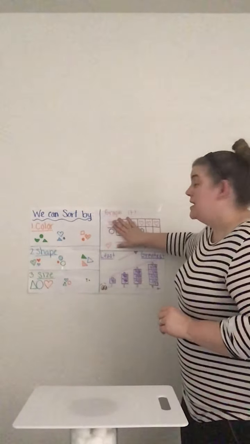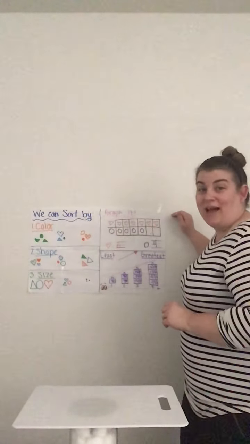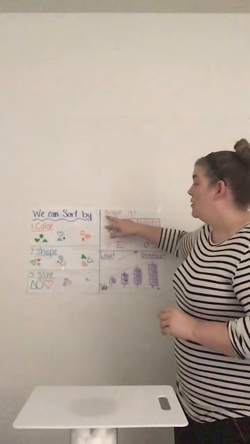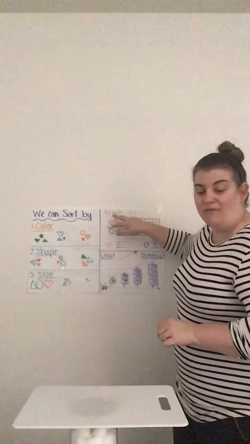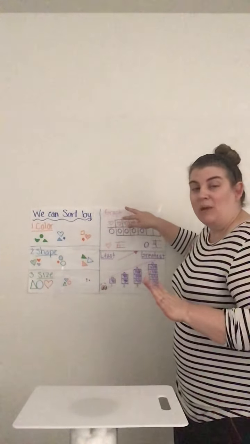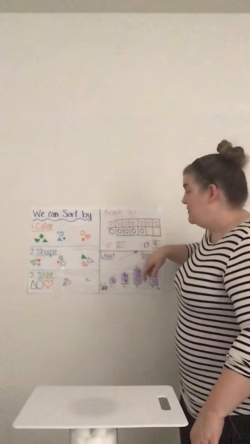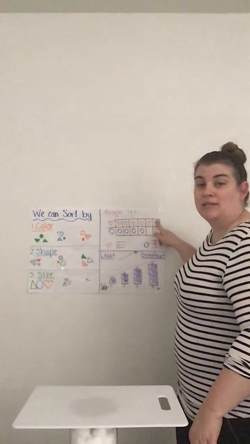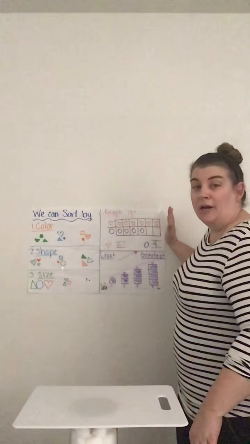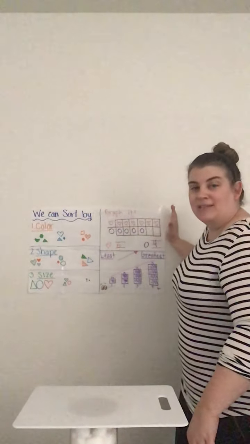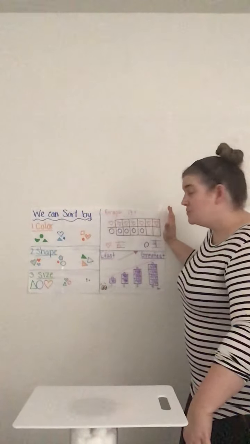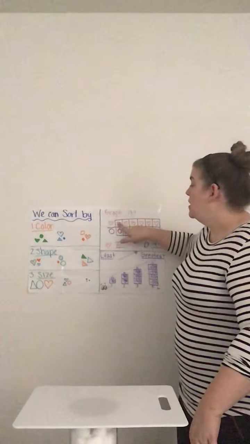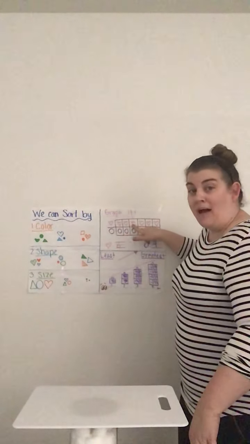Okay, now we also learned how to graph, how to put our objects in a graph, and we use that blank graph paper that you've seen in previous videos. And with a graph, it helps us to count and see and compare our objects a little bit easier. Graphs are really great tools, and remember, when you're graphing, one object goes in one box.